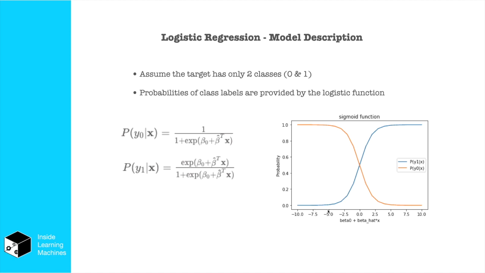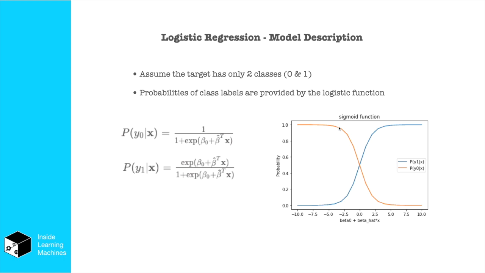And as we get to larger and larger numbers, these functions start to converge, where at 0, they exactly meet. And this is our decision boundary. And beyond this, they diverge again. So this is quite interesting to see.